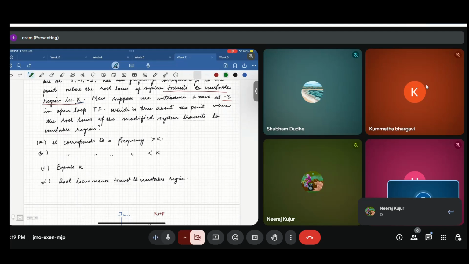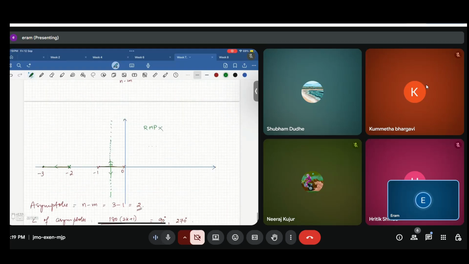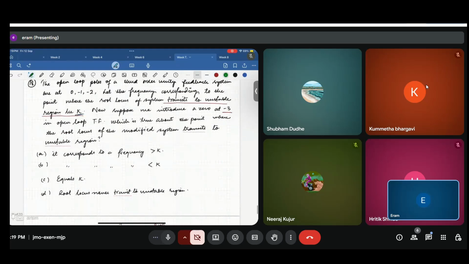No, we have no frequency such that our root locus will transit to the unstable region. So the root locus will never transit to the unstable region.